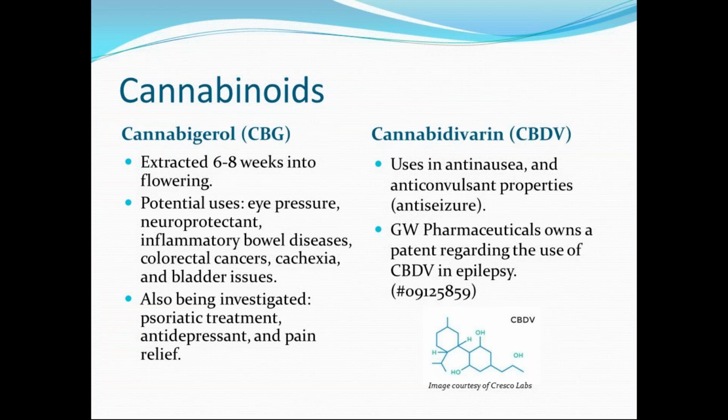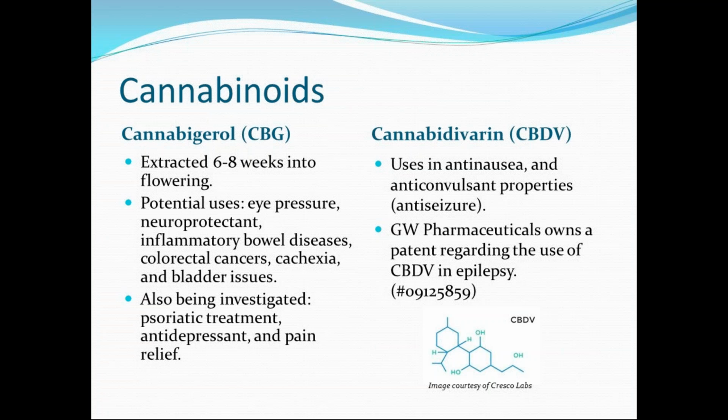Cannabigerol, CBG. CBG is also one of those that is extracted early. You don't wait for full harvest, but you wait and extract it about 6 to 8 weeks into flowering to get the peak amounts of CBG out of your harvest. Potential uses, it's used in glaucoma to relieve eye pressure. It's showing to be a neuroprotectant.